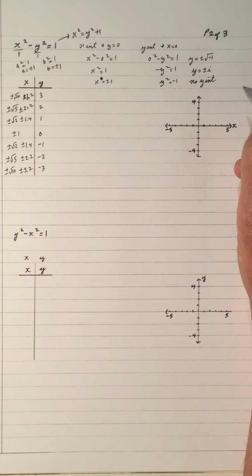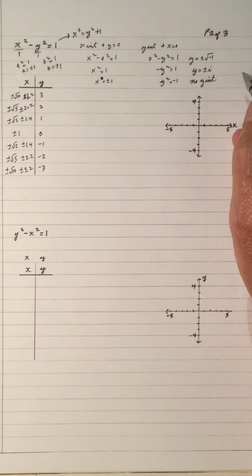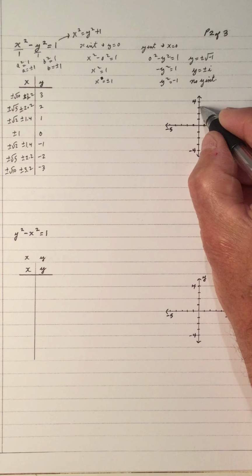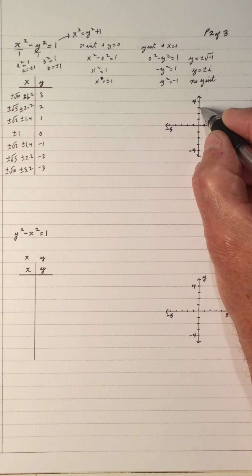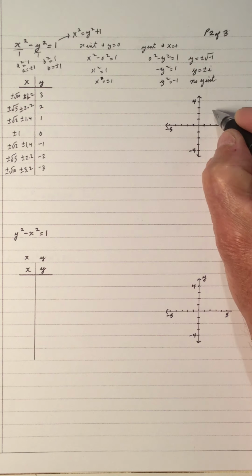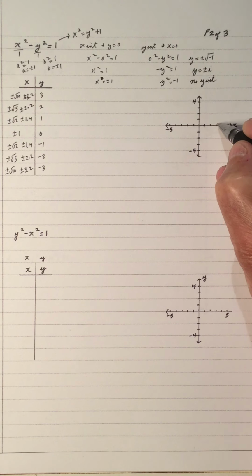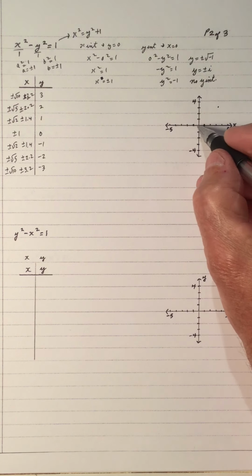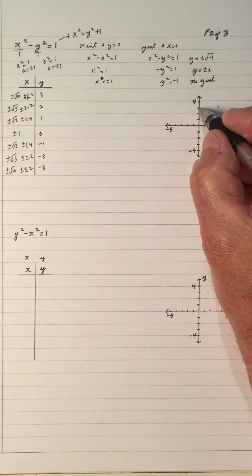So let's graph these ordered pairs. When y is 3, x is 3.2. 3 is here, 3.2 is roughly about right there. And when we have y is 3, we also have x is negative 3.2.